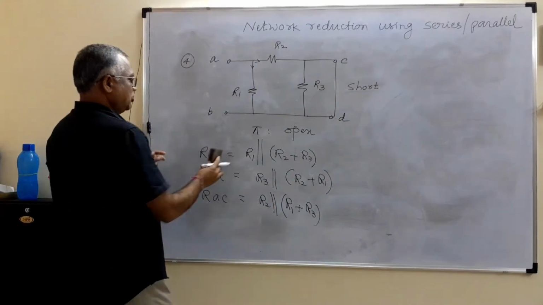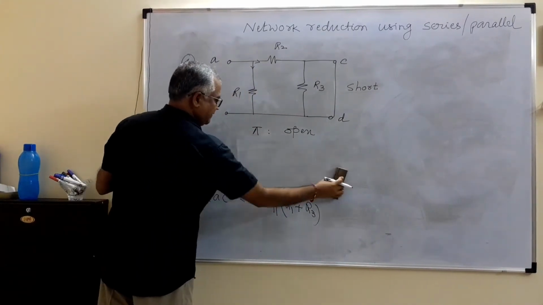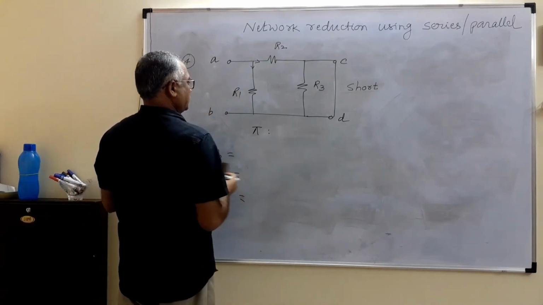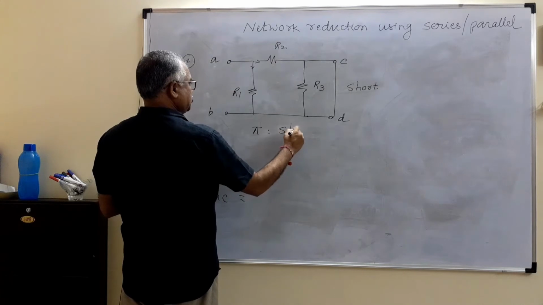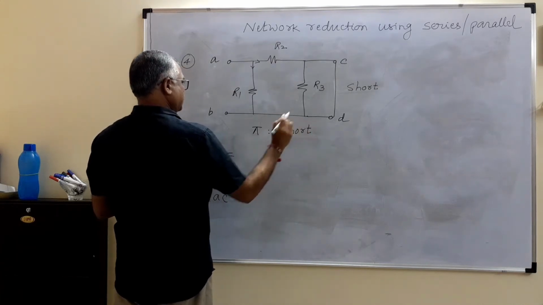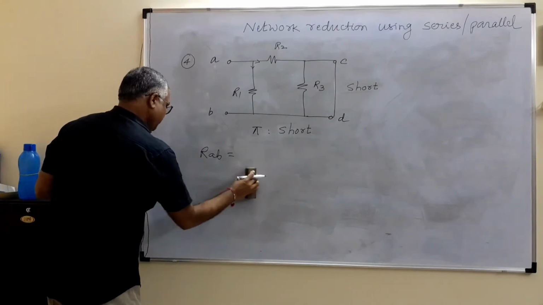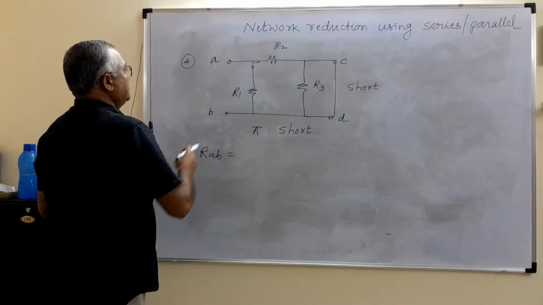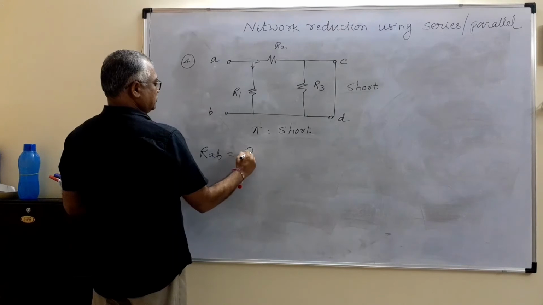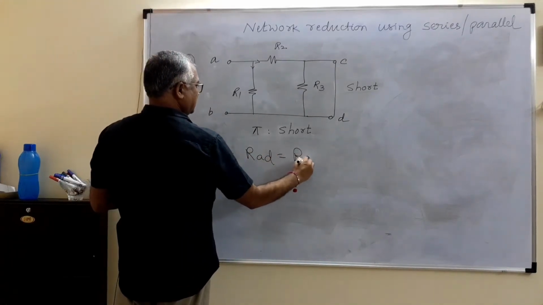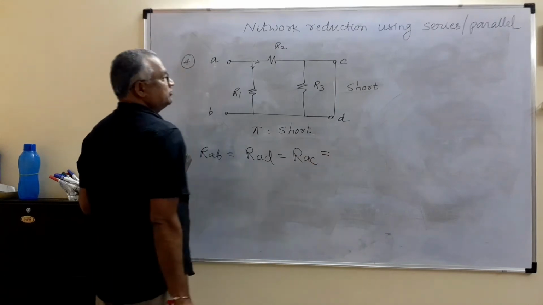So if it is short, with the pi short, in this we answer only one. RAB equal to RAD is equal to RAC is equal to what?